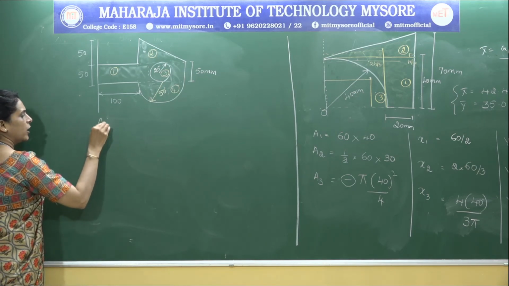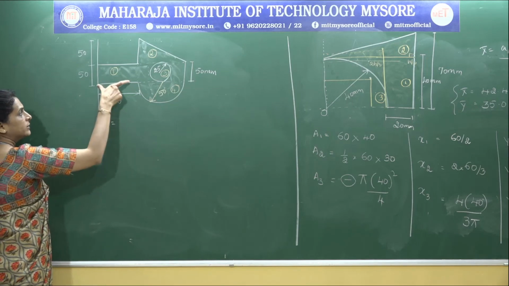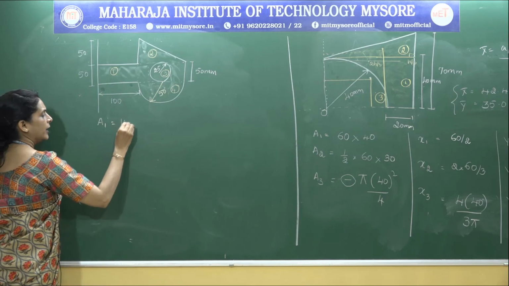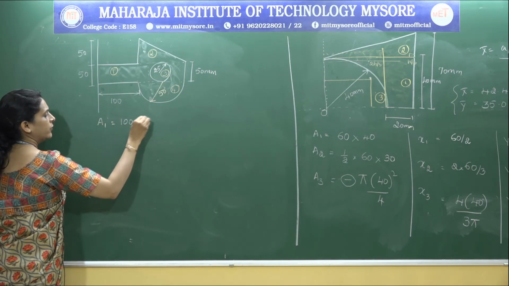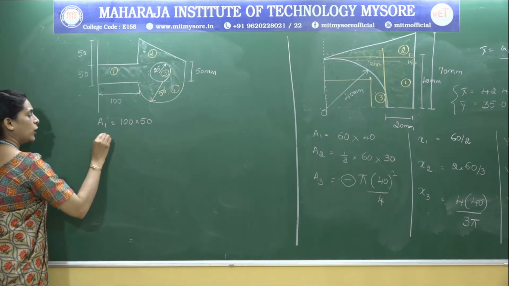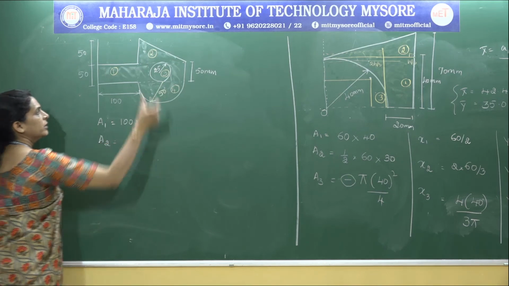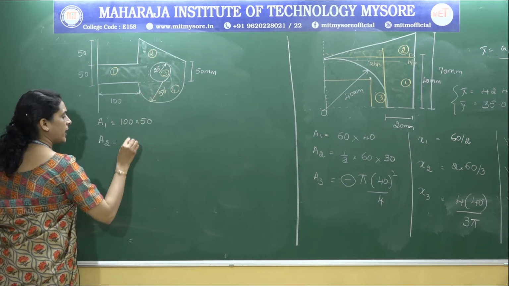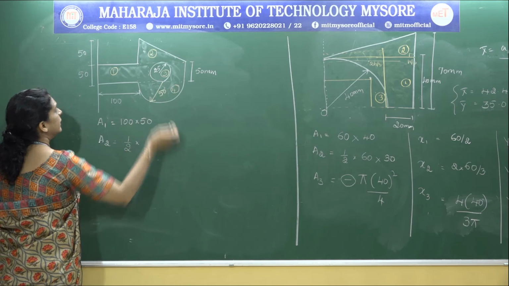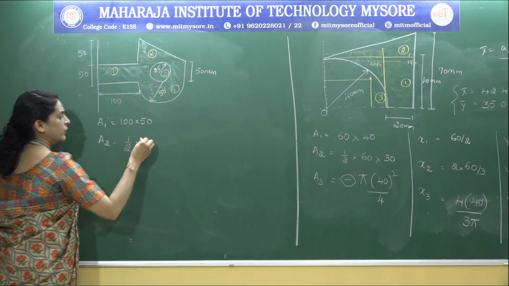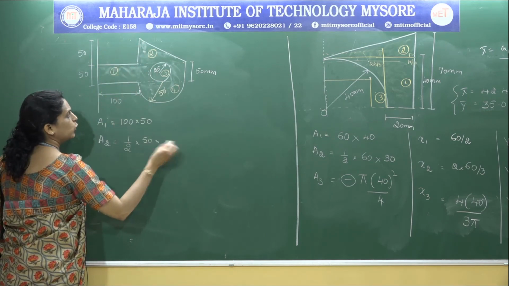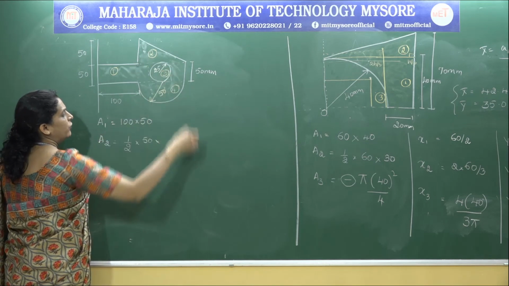Firstly, the area of the first shape, the rectangle, is 100 by 50. Area of the second section, a right angled triangle, is half into base 50 into height 50.